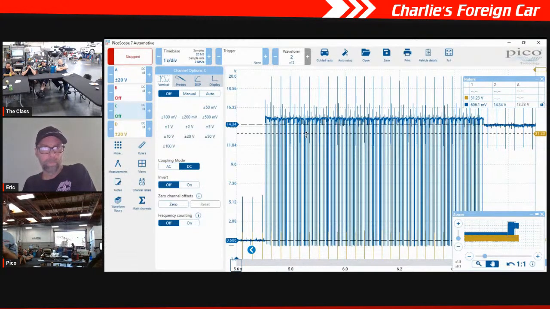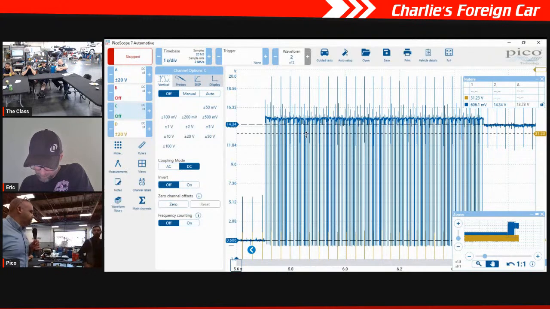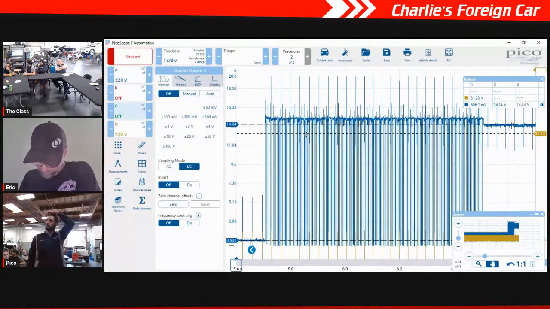Let's see what happens. 73, 87. Okay, that's good. 92, 54. Yeah, the car's starting to run funky. It's jumping between 92 and 42. So it jumped like 50 degrees.